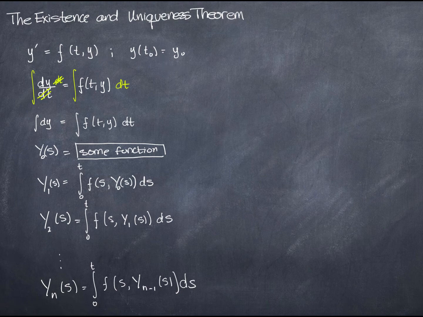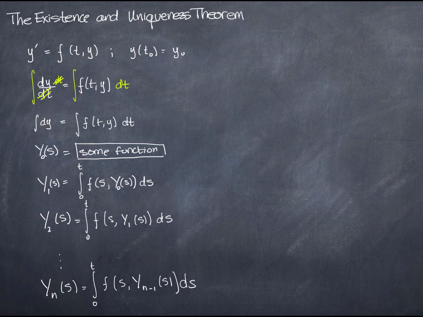And these values are numbers, right? Y naught is a number. And so I'm trying to force this problem to not only give me the solution in the form of a function, but better still, to give me the solution in the form of a number.